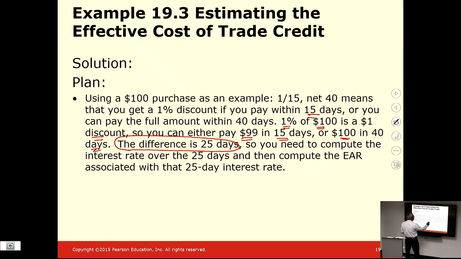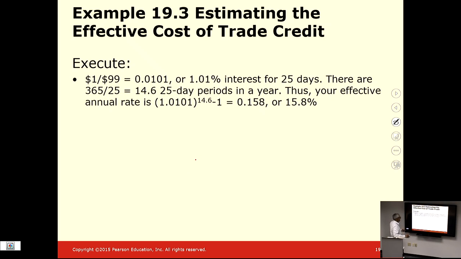You need to compute the interest rate over these 25 days and then compute the EAR, essentially annualize that. That's the task over here. So you have a $1 discount on a $99 payment. That means your interest rate over the 25 days is 1.01%.